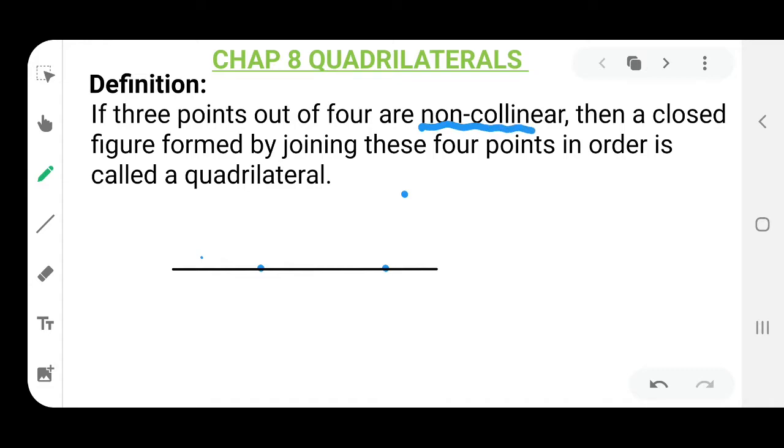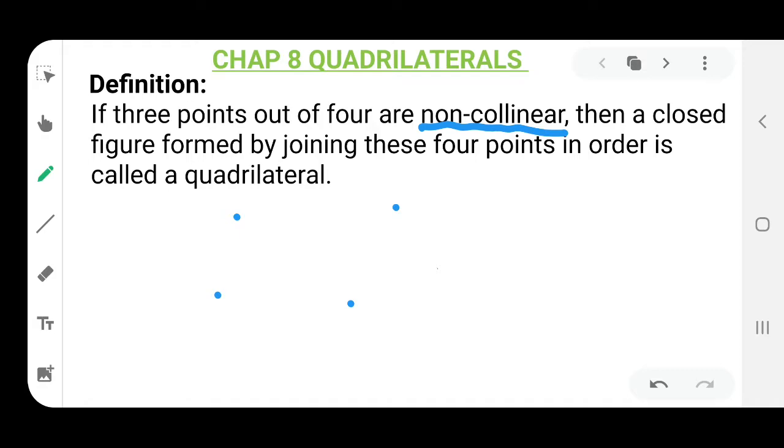So if there are 4 points on a plane, and from those 4 points, 3 points are non-collinear, let's suppose 1, 2, 3, and this is the fourth point. Here we can see that from the 4, 3 points are non-collinear. If we join the 4 points in order, a closed figure will be formed, and that is called a quadrilateral. So let's join these points.